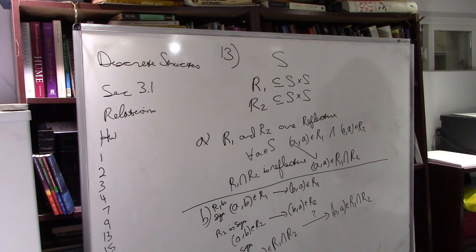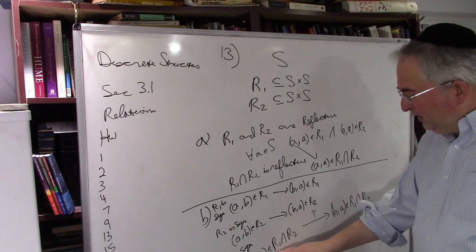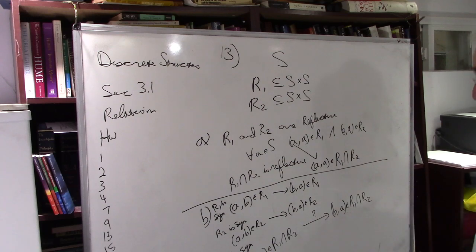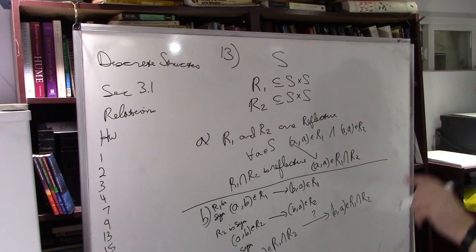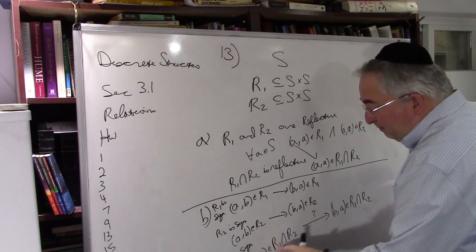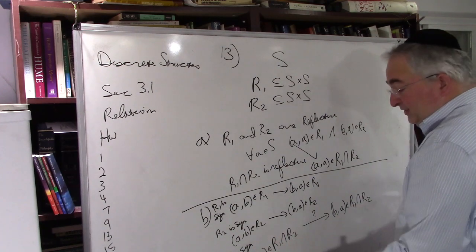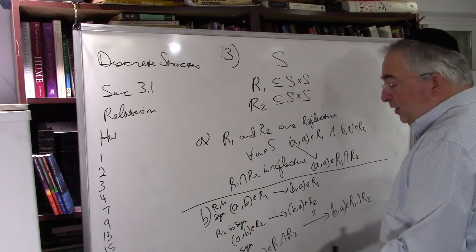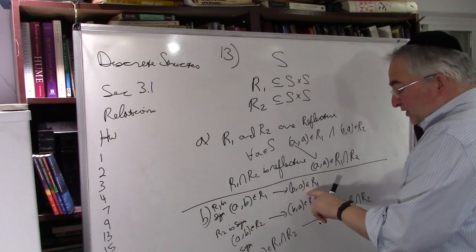Okay, this is a little bit tough. If A comma B is a member of R1 intersect R2, in other words, if A comma B is in both of them, does that mean that B comma A is in both of them? And the answer is absolutely yes. Why? Because A comma B is in both of them, which means it's in R1, and it's in R2. Well, if it's in R1, then so is B comma A in R1.